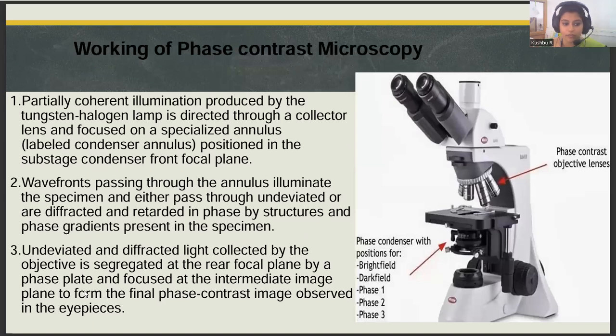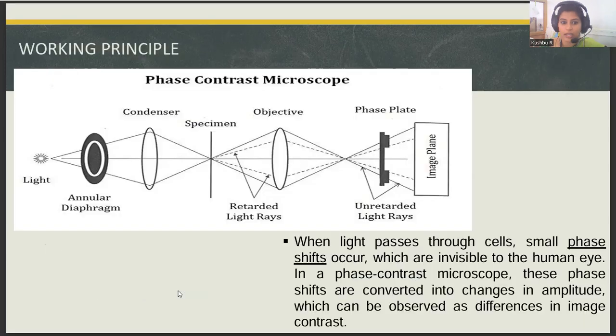Once that is done, the phase plate and the intermediate image plane form the final image after the quantification of the phase shift, producing the final magnified image. So this diagram summarizes how the light produces a phase shift, how that phase shift is quantified, and how, at the end of the day, the final magnified image is produced.